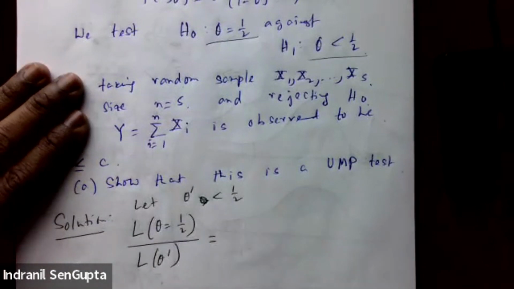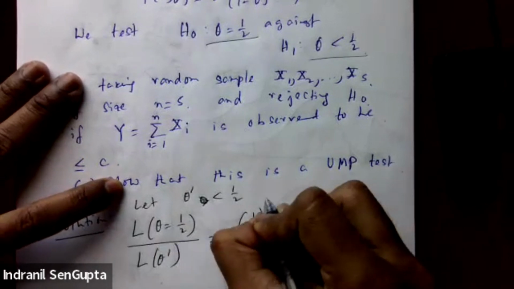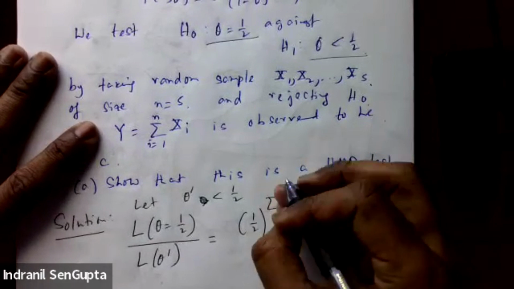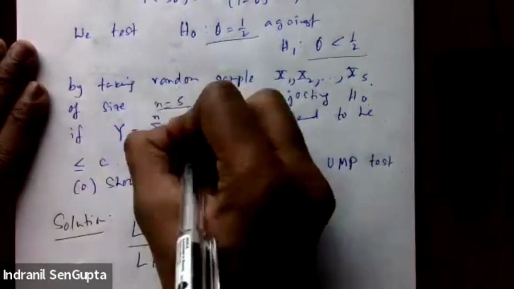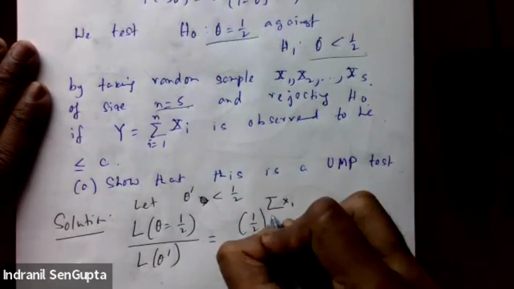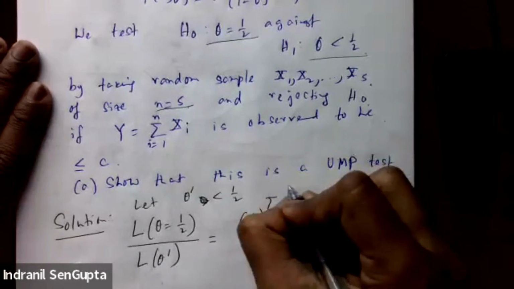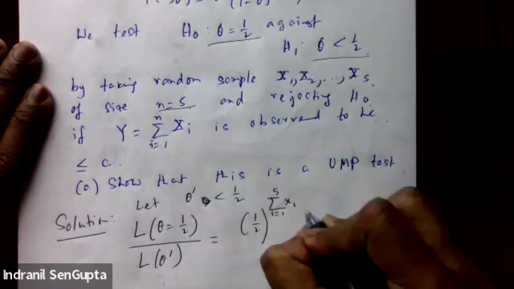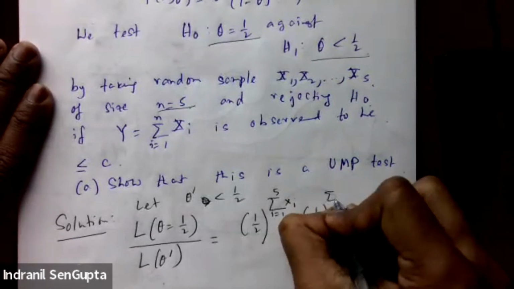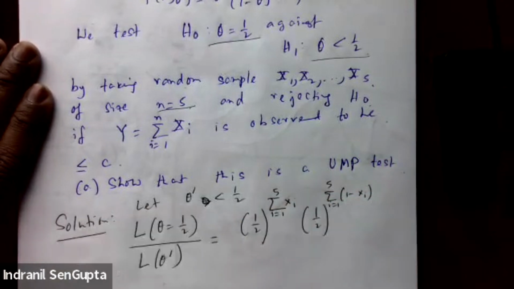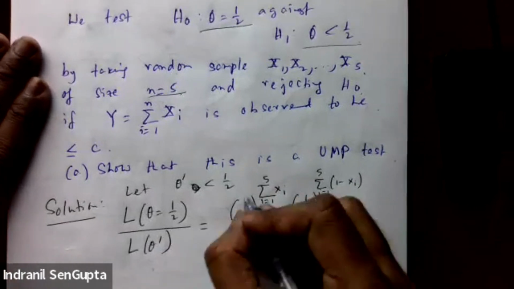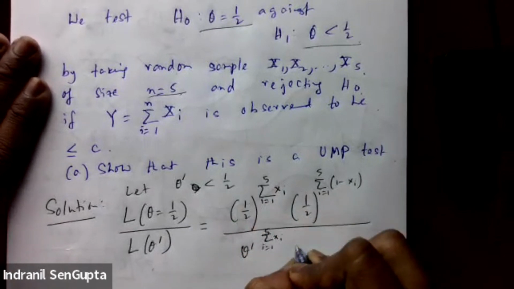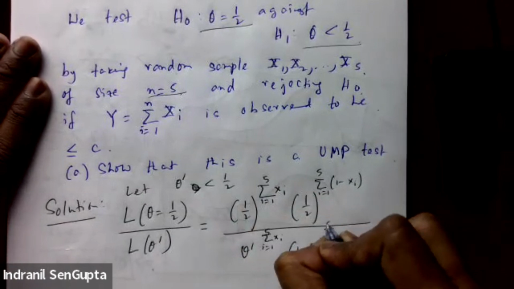So what is this quantity? It is basically 1/2 to the summation of xi, i from 1 to 5, since there is a random sample of size 5, and then 1/2 to the summation i from 1 to 5 of 1 minus xi, over theta prime to the summation i from 1 to 5 of xi, and 1 minus theta prime to the summation i from 1 to 5 of 1 minus xi.